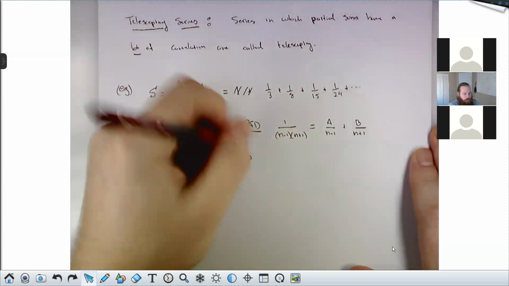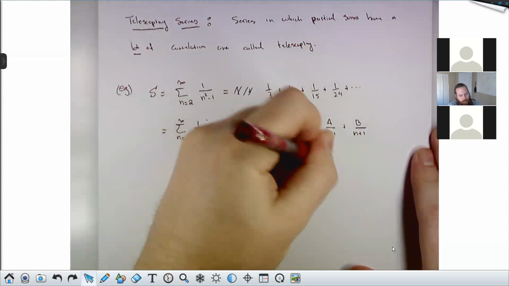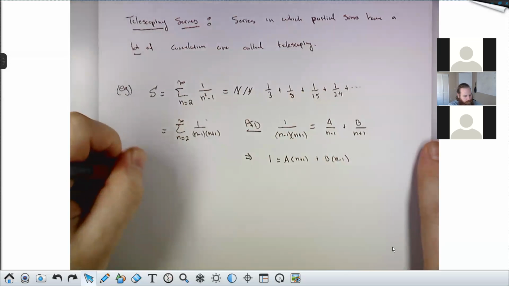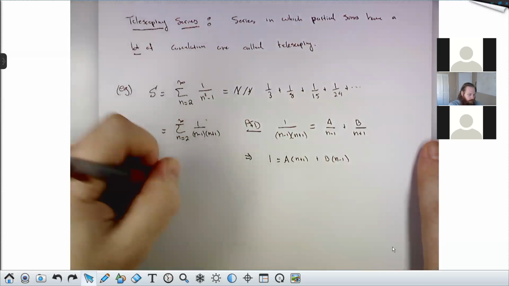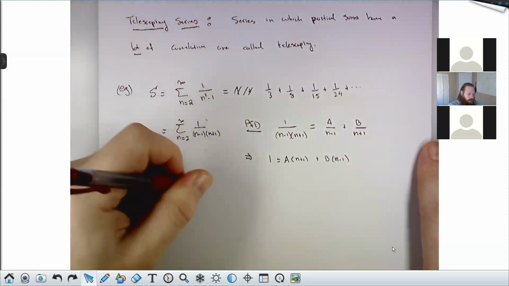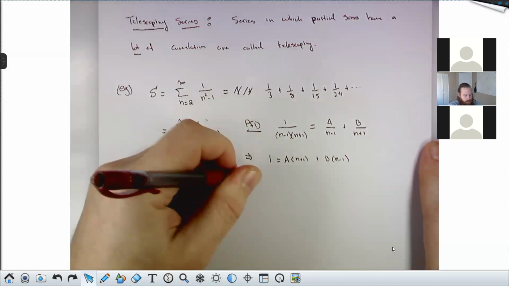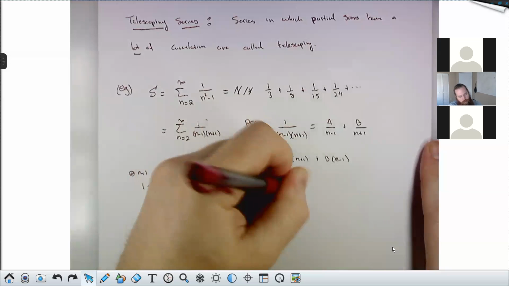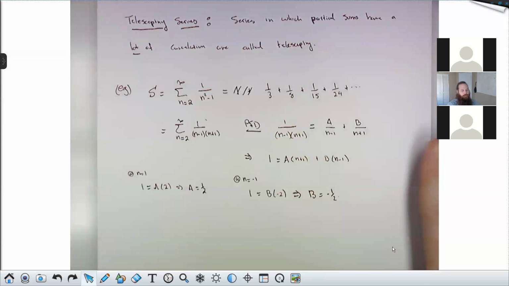And if you multiply through, you get 1 equals a times n plus 1 plus b times n minus 1. And at n equals 1, you get 1 equals a times 2, which implies a is 1/2. And at n equals -1, you get 1 equals b times -2, which implies that b is equal to -1/2. So that's the PFD.